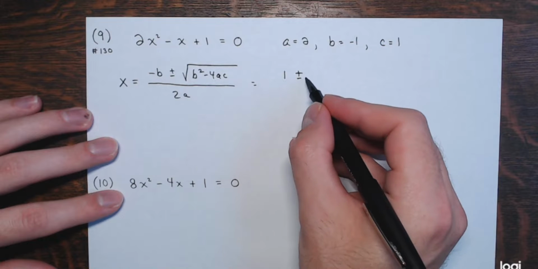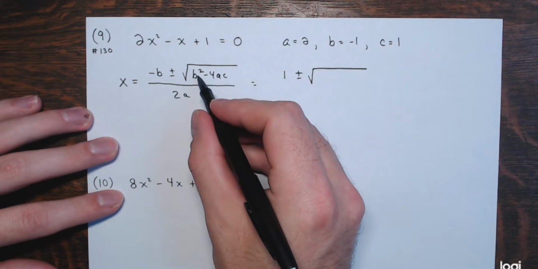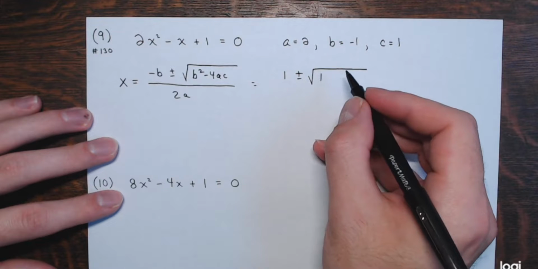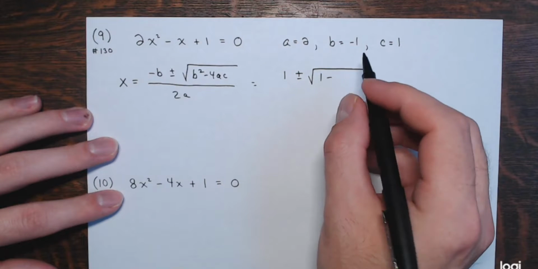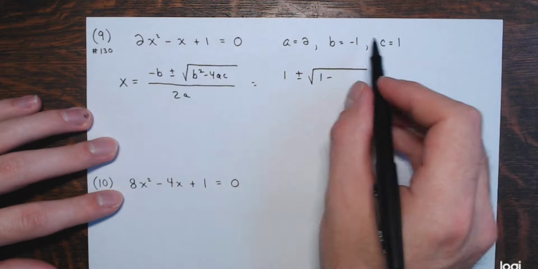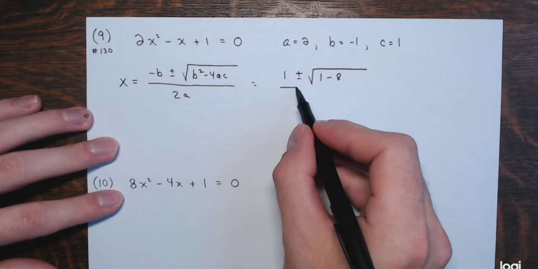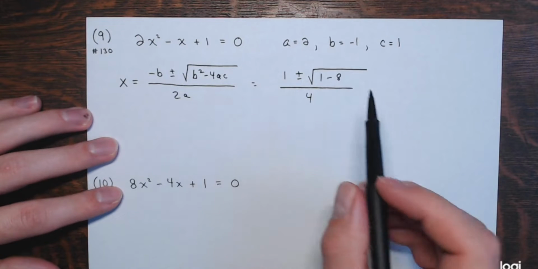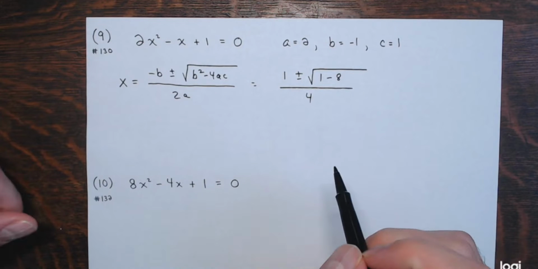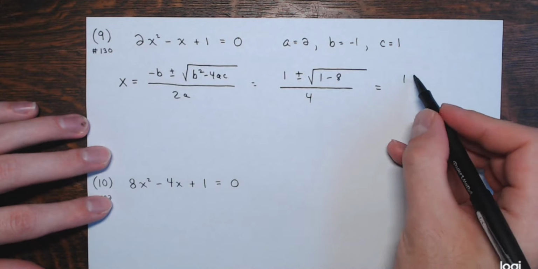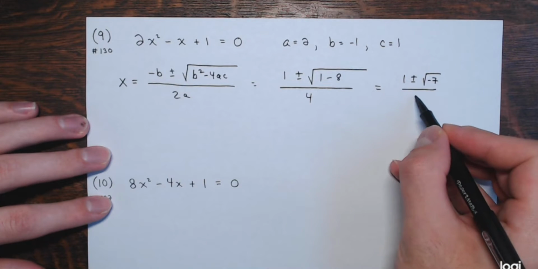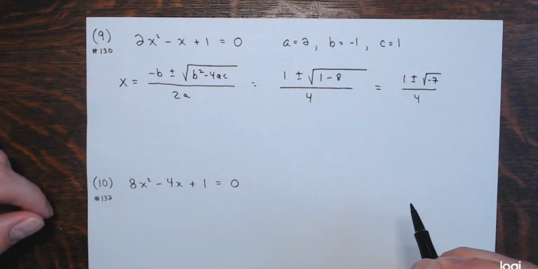So positive 1 plus or minus, negative 1 squared is 1, I'm just going to write the square now. Minus 4AC, 4 times 2 times 1 is 8. Divided by 2 times A, which is 4, 2 times 2. I'm just simplifying things as we go. So this is 1 plus or minus the square root of negative 7, all that divided by 4.